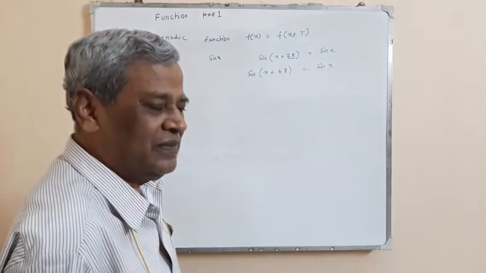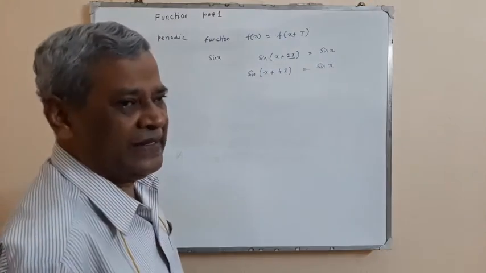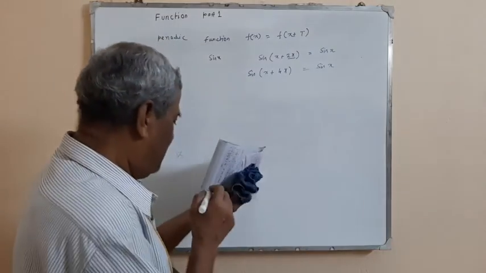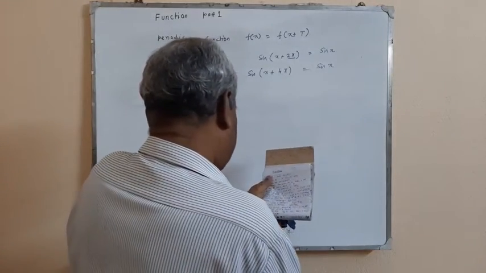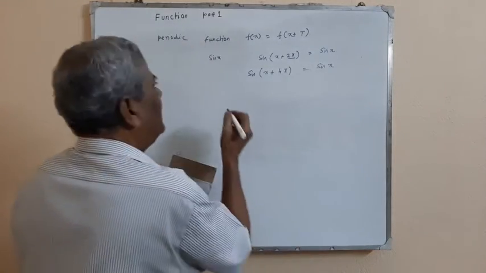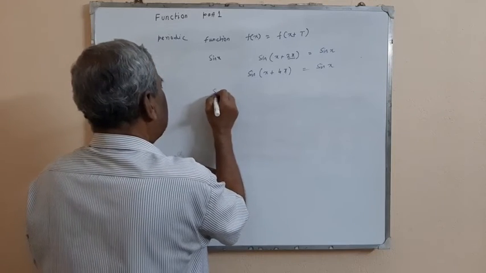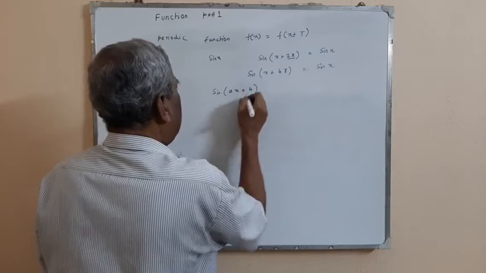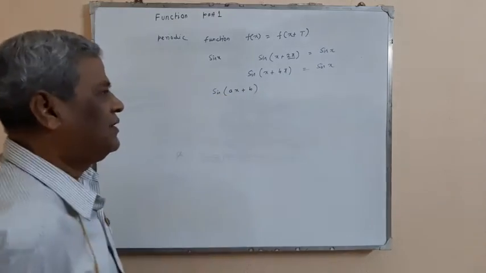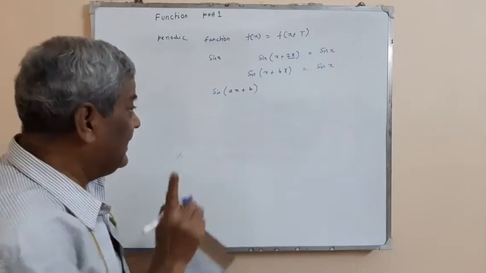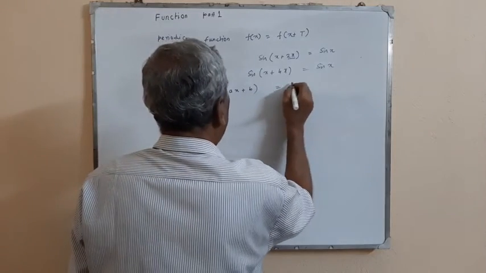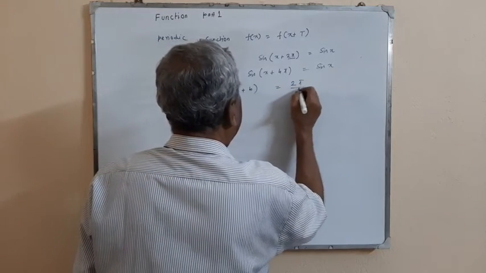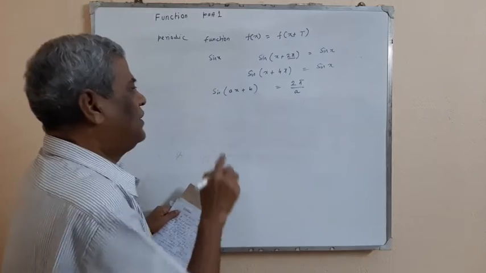For tan function, period is π. Even sin(ax + b), this is a trigonometric function, it is periodic, and its period is 2π/a.